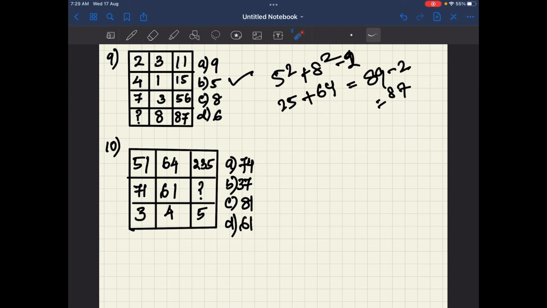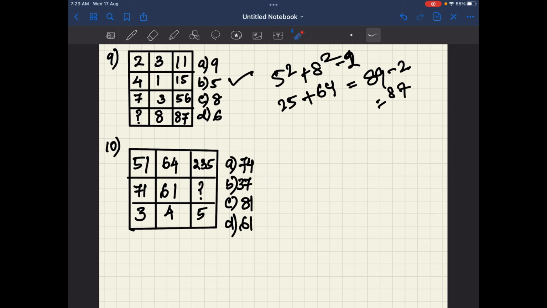So now we have to find which number would fill this question mark, and its alternate digits would be written. So 73 into 5 is 235. 73 into 5 is 15, 1 and 5 is 35. No, it is also not possible.